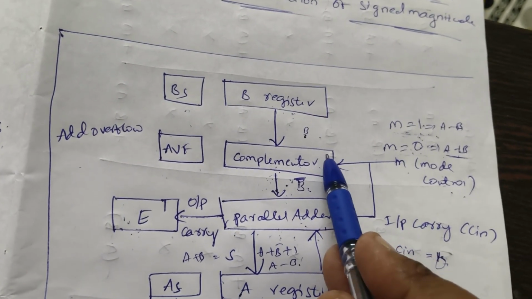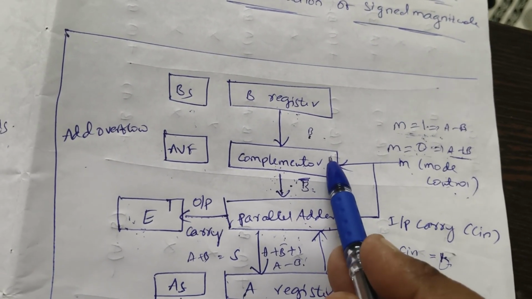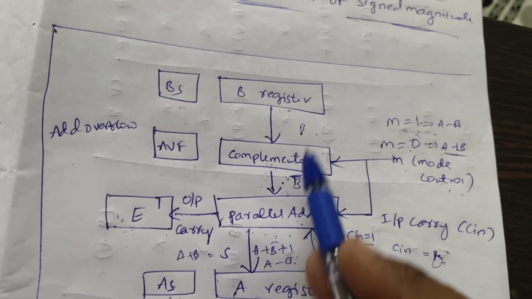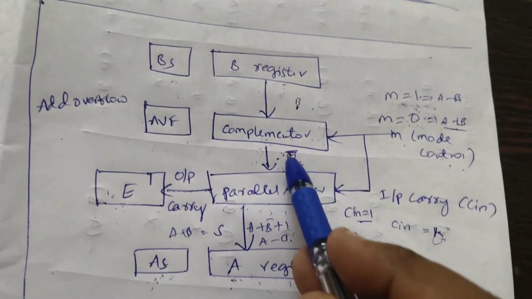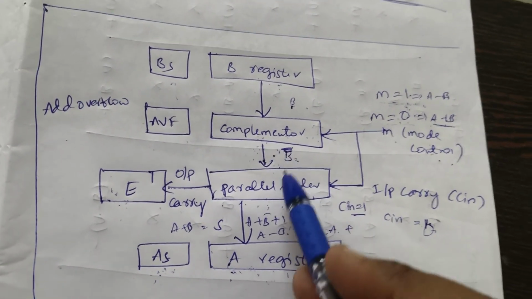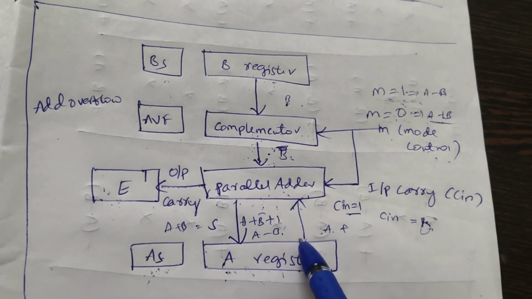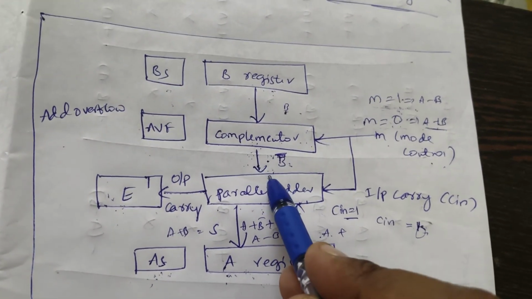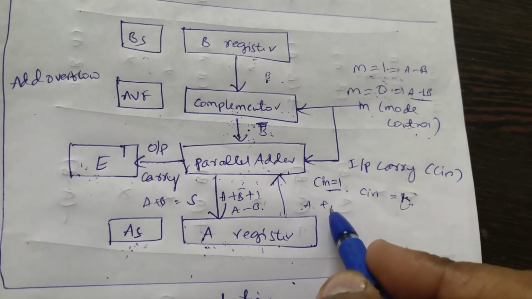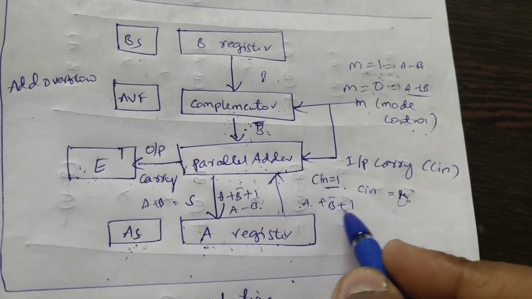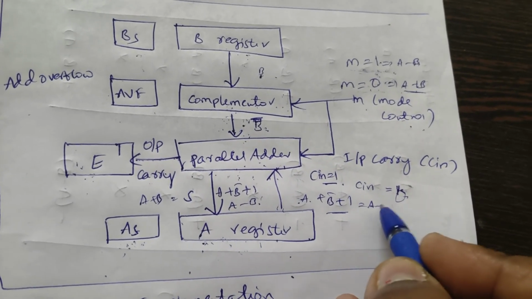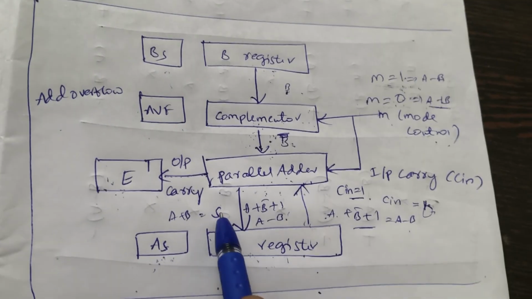Here m is equal to 1, it is on, which means it performs the complement of b. The complement of b is nothing but b bar. So for the parallel adder we are giving the a value, the b bar value and a carry value. So a plus b bar plus 1. This is nothing but simply an a minus b operation.